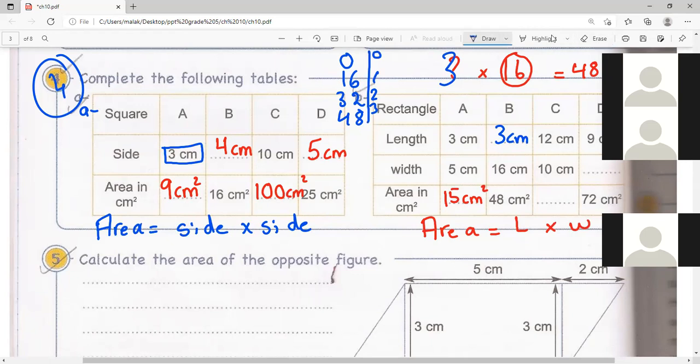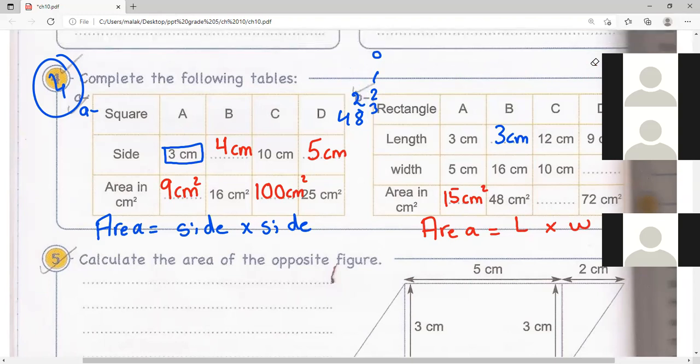Is it clear? Very easy. Okay. Figure C: length 12 and width 10.